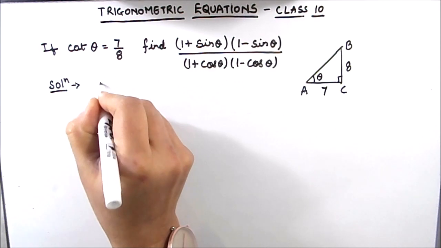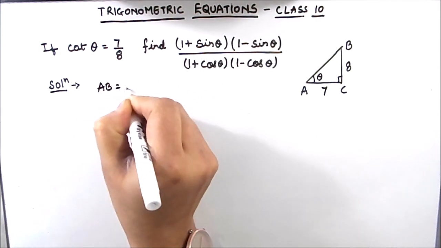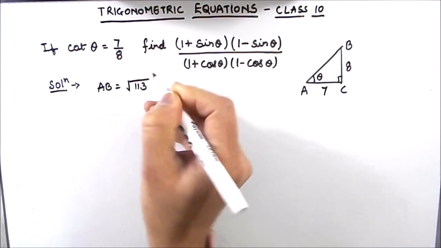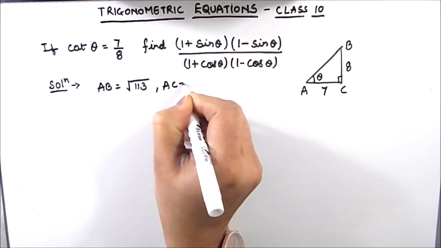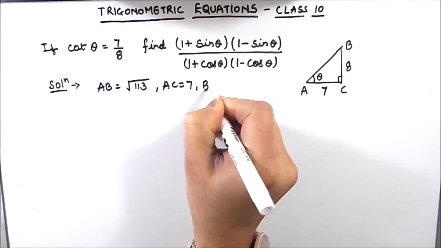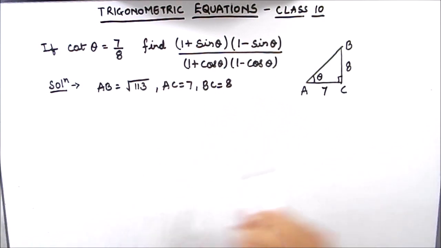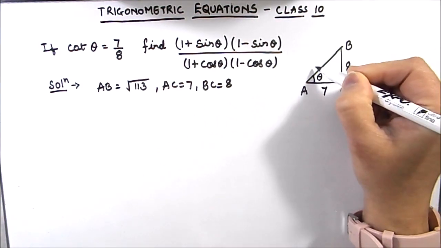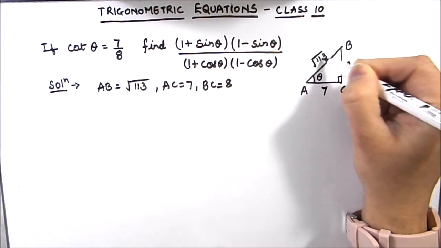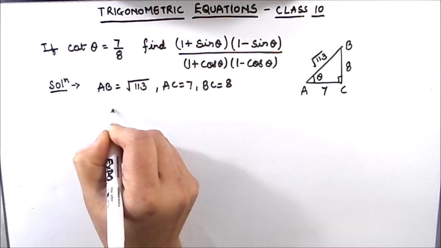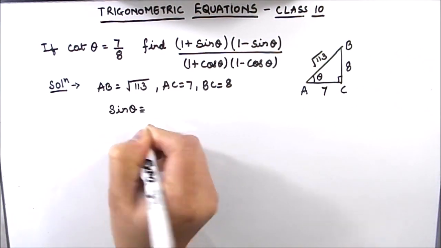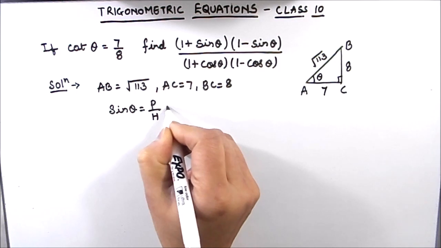Now we know that AB is equal to root of 113, AC is equal to 7 and BC is equal to 8. Now in this triangle, we can find the value of sin theta and cos theta. So sin theta is equal to perpendicular over hypotenuse.